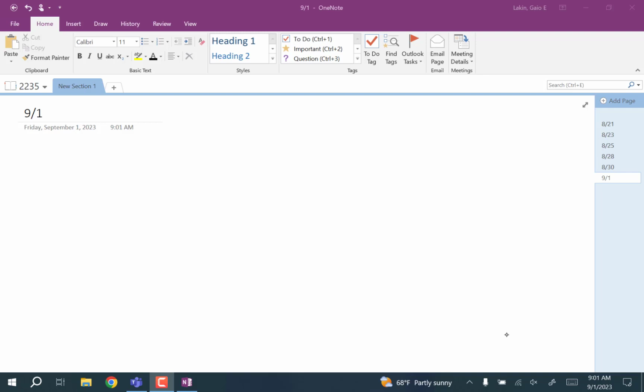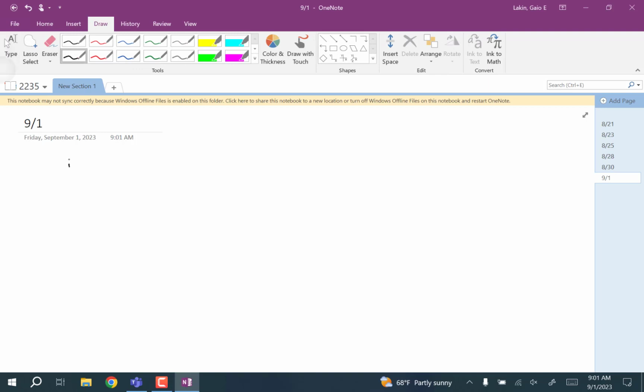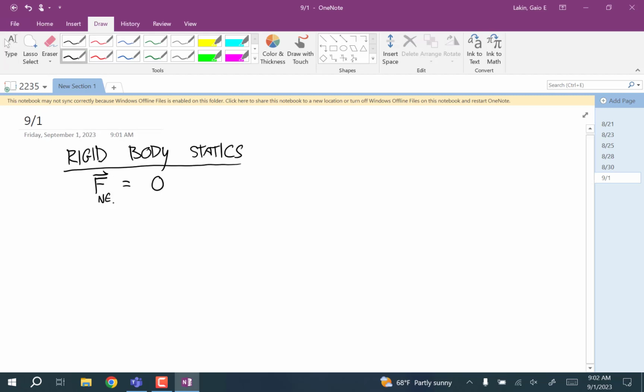Okay. Well, we've been doing particle stuff so far. Now we're getting into rigid body things. So remember, for rigid bodies, we have the equations: add up all the forces, F net, it has to add up to 0.